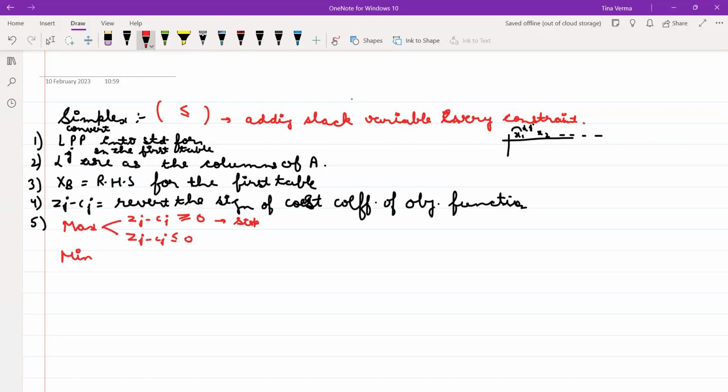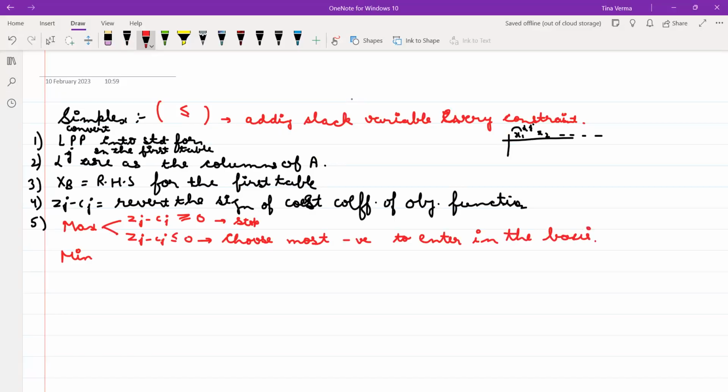When your zj minus cj is less than or equal to 0 in the case of maximization, then you will choose the most negative to enter in the basis. Right?